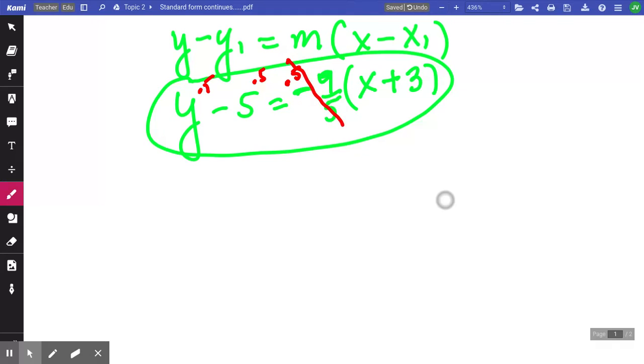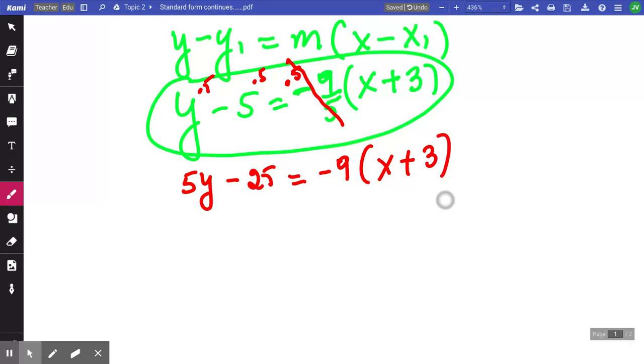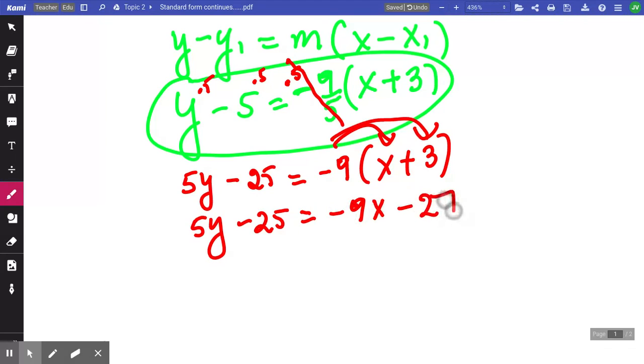And on the left side, I have 5y minus 25 equals -9 times x plus 3. Okay? Now, I'm going to use the distributive property. 5y minus 25 equals -9x minus 27.